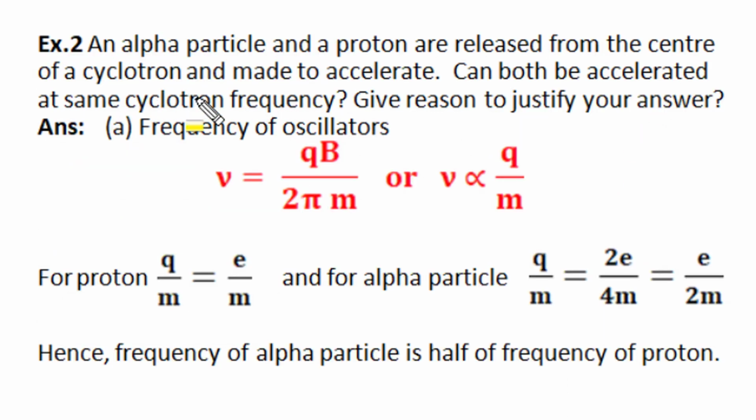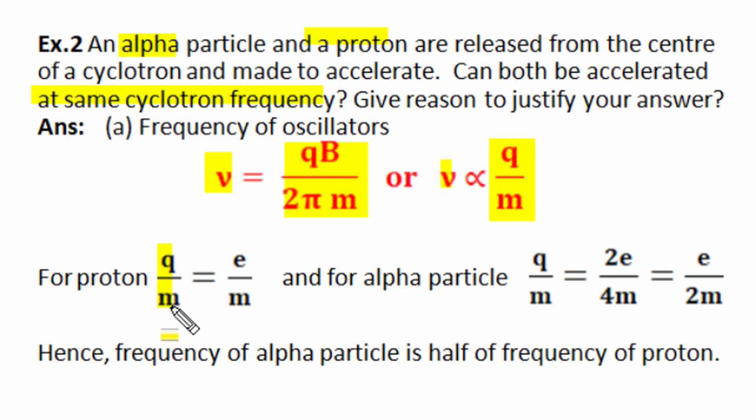In two different cyclotrons, an alpha particle and a proton are released from the center of the cyclotrons and made to accelerate. The question is, can both be accelerated at the same cyclotron frequency? The answer is, the two particles won't have the same charge to mass ratio, so they can't be accelerated by the same cyclotron frequency, as the frequency of circular motion is given as qB upon 2 pi m, and for the same magnetic field flux density, the frequency is proportional to the ratio of charge to mass.